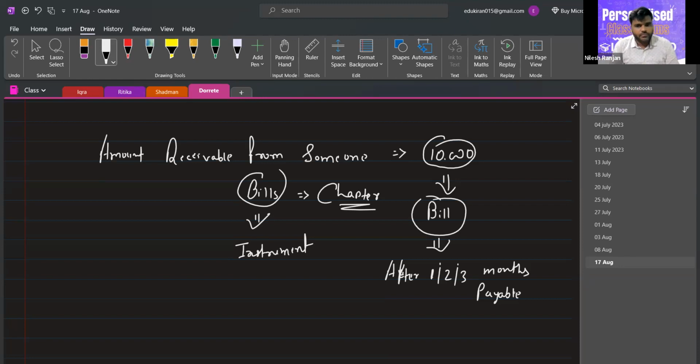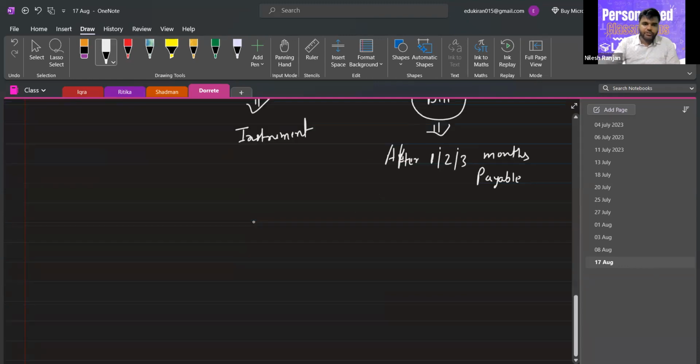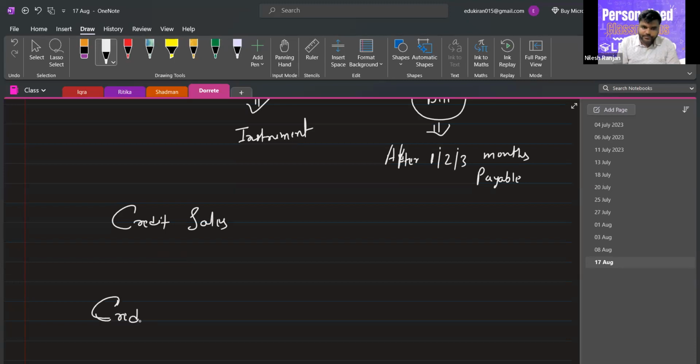There are two types of transactions we do in our business on credit basis: credit sales and credit purchase.